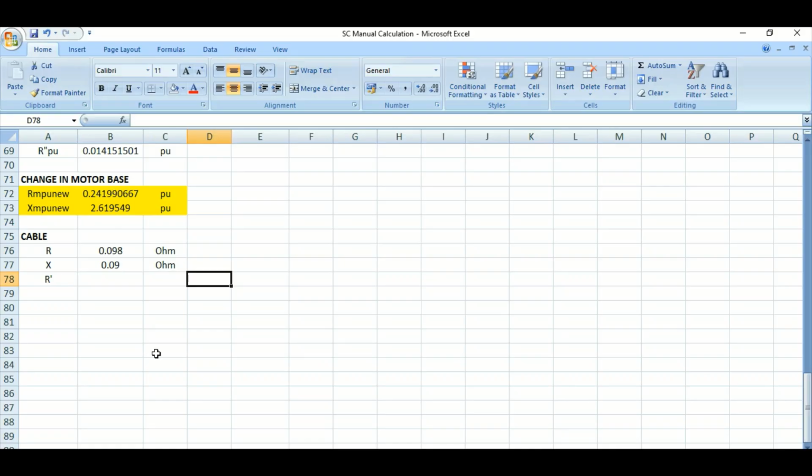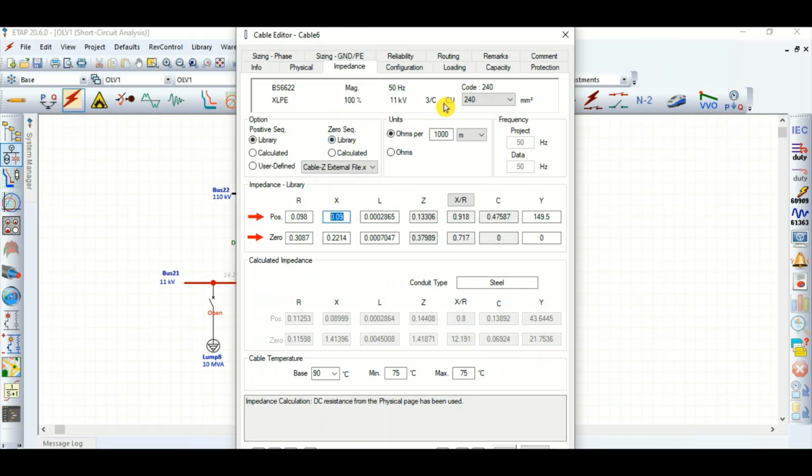We are using copper cable here, and this is XLPE cable.